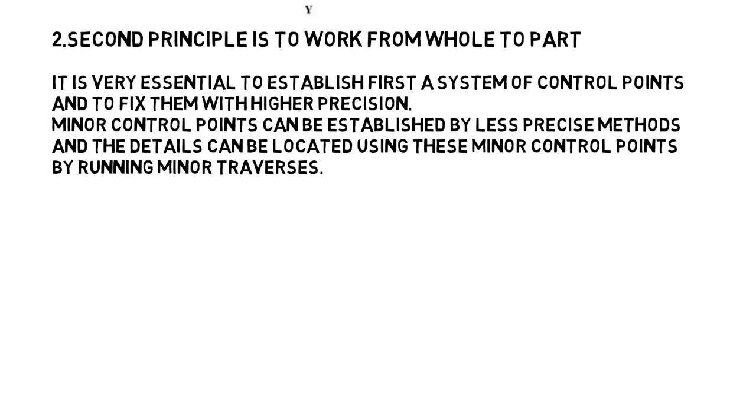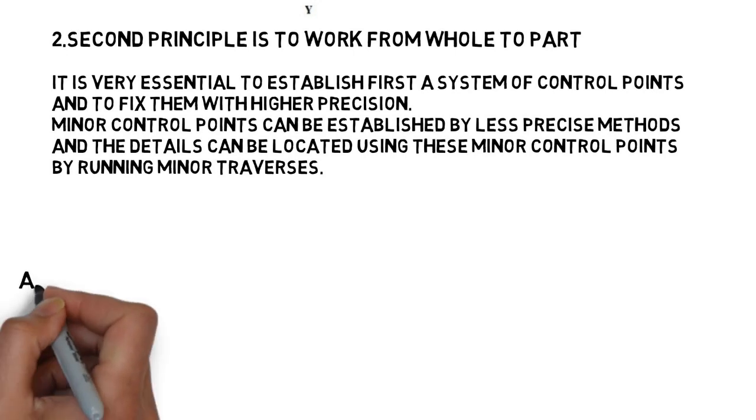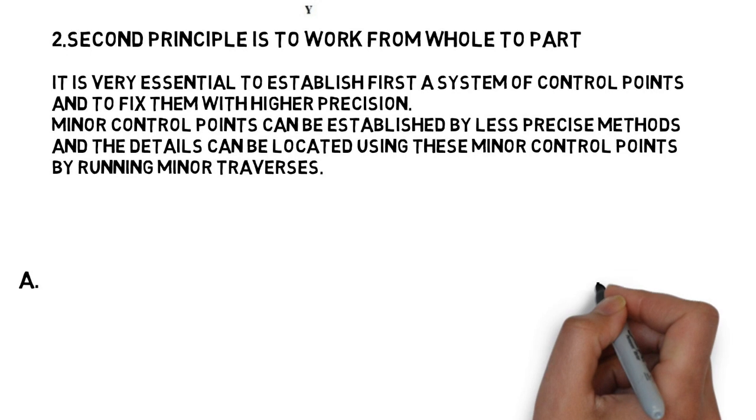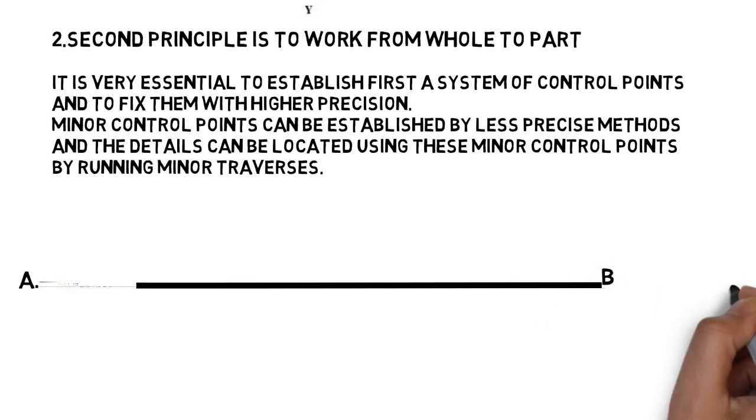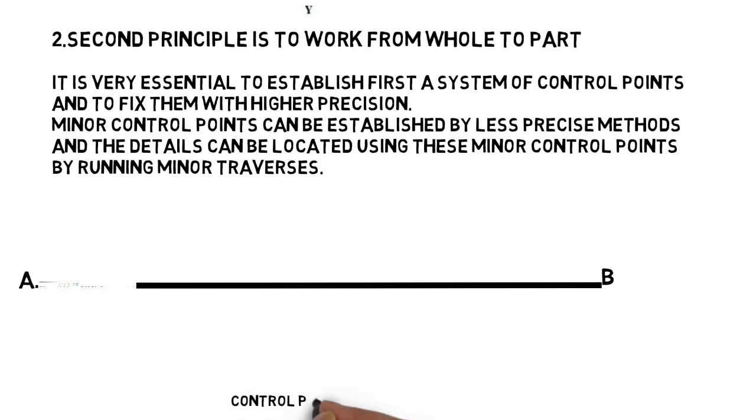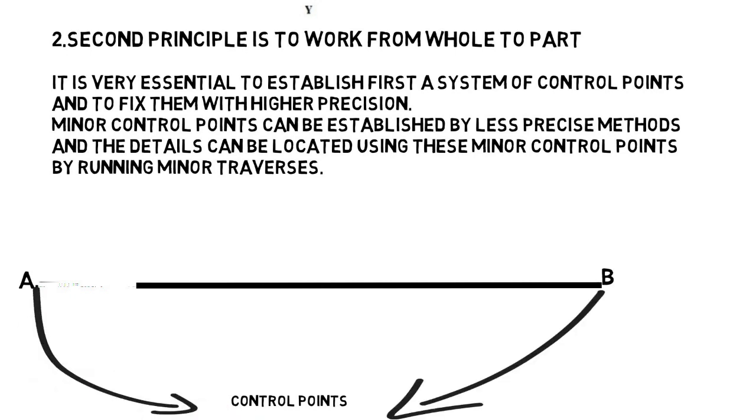So by this statement I will elaborate and give you an example so that you will have a clear idea what are control points and what are minor points. So let us take one example. Two points A and B are joined by making a straight line. So here A and B points are considered as control points.